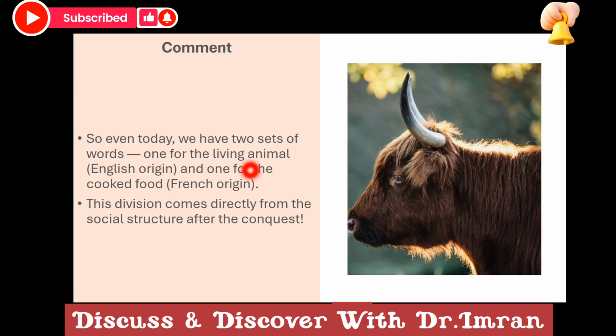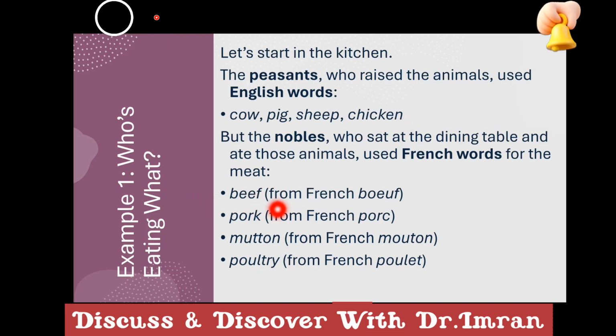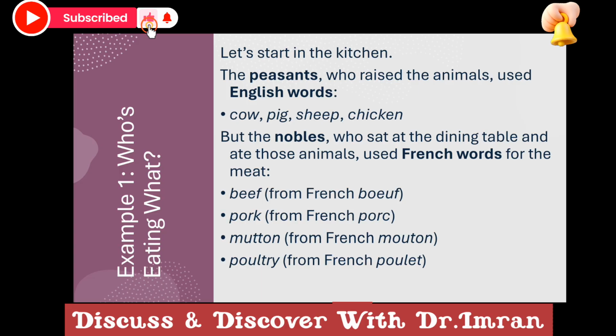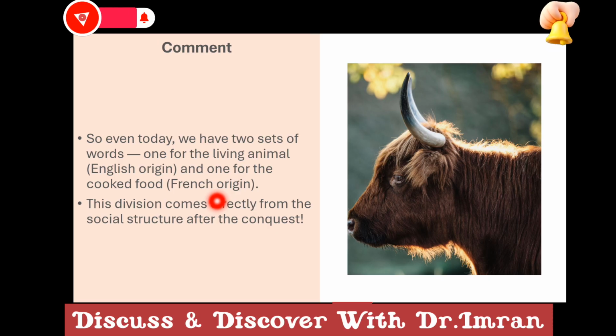One for the living animal: cow, pig, sheep, chicken. And then when we take meat, we use these names: beef, pork, mutton, and poultry. So one for the living animal is of English origin, and one for the cooked food is of French origin, because these nobles ate the meat of these animals.